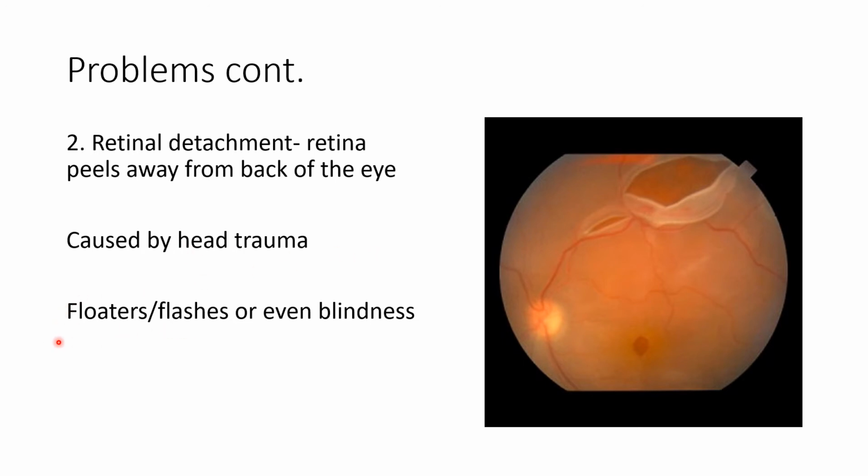So this can cause really bad floaters or flashes in your vision because the sensory tissue can't detect what's actually the stimulus around, and so it's firing back to the brain that it sees something that's not actually there, or possibly even blindness, because if retinal detachment is really bad, you no longer have those photoreceptors attached to the back of your eye, and so you can't detect the stimulus of the light. And so if you can't detect the stimulus of the light, your eye cannot tell the brain what it sees.